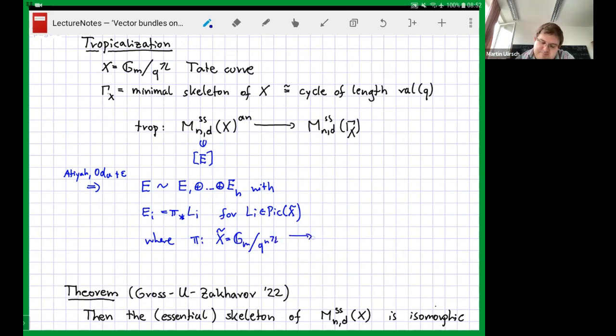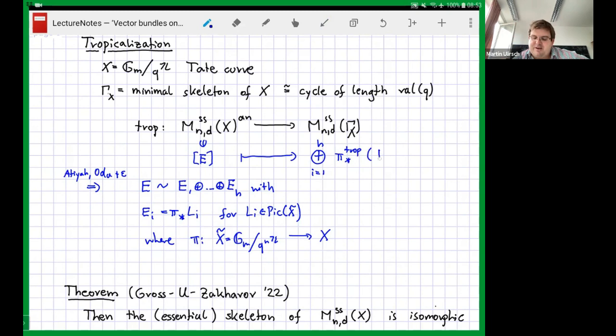So it's the natural degree n cover in this Tate curve world. The classical algebraic theory already tells us that each of these indecomposable summands is a push forward of a line bundle. Since this is all true, we can now define tropicalization by sending this E to the direct sum, i equals 1 to h, of the push forward of the tropicalization of this cover, which is just the n-fold winding of the cycle.